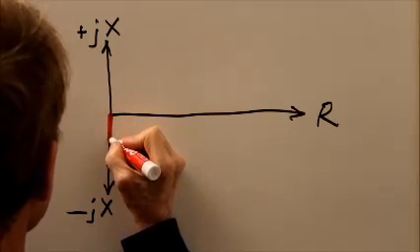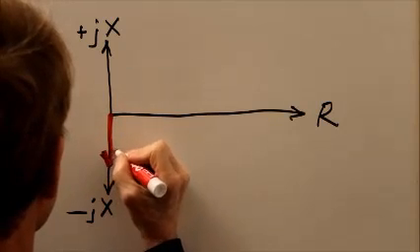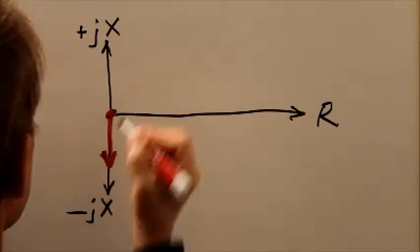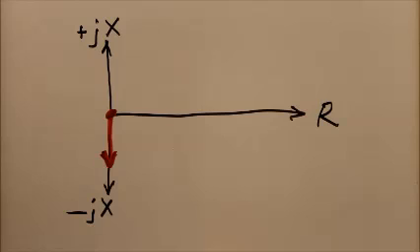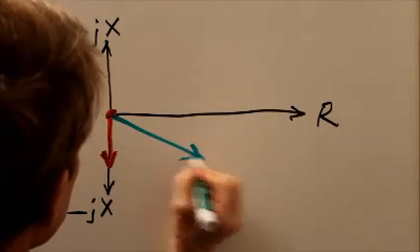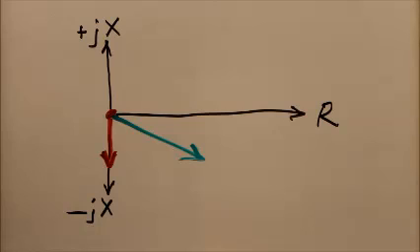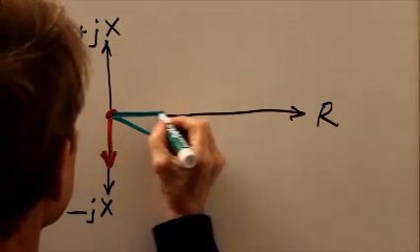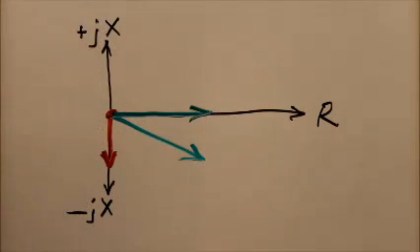We can also represent it as a vector going from the origin and pointing straight down. If we had resistance combined with capacitive reactance, we'd get a vector pointing off something like that. Pure resistance vectors with no reactance at all point right out along that axis.